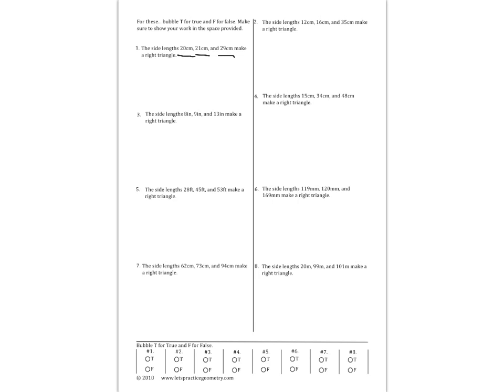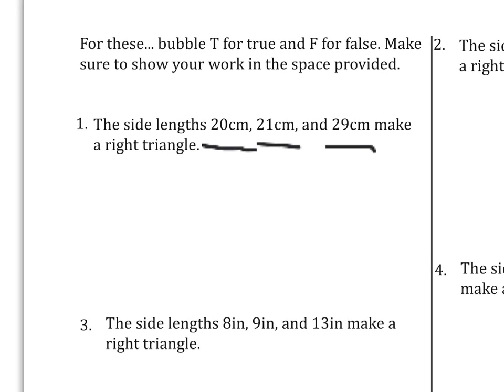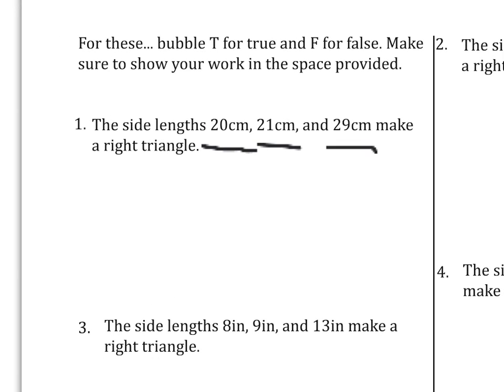29 is the longest side we have. So we're going to make it c squared. The other two doesn't matter. So let's zoom in a little bit here so we got a little more room to write. So I'm going to set it up. 20 squared plus 21 squared equals 29 squared.